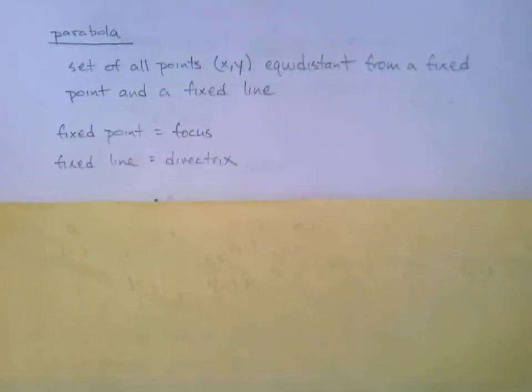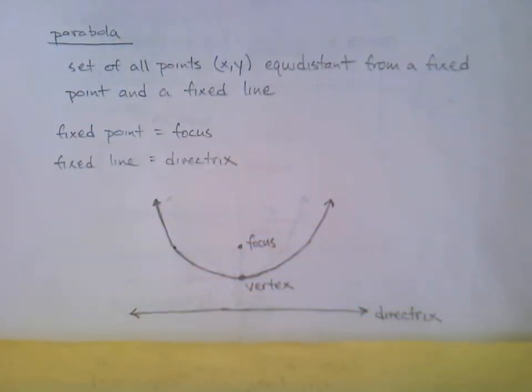Let me give you a drawing and some terminology. We call that fixed point the focus. We call the fixed line the directrix. And then we've got the vertex right there at the bottom as well. We're probably all familiar with that.